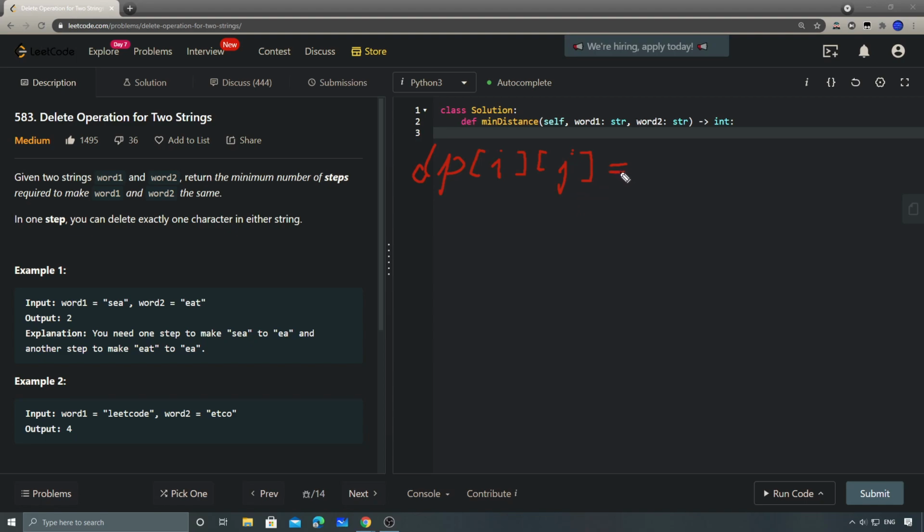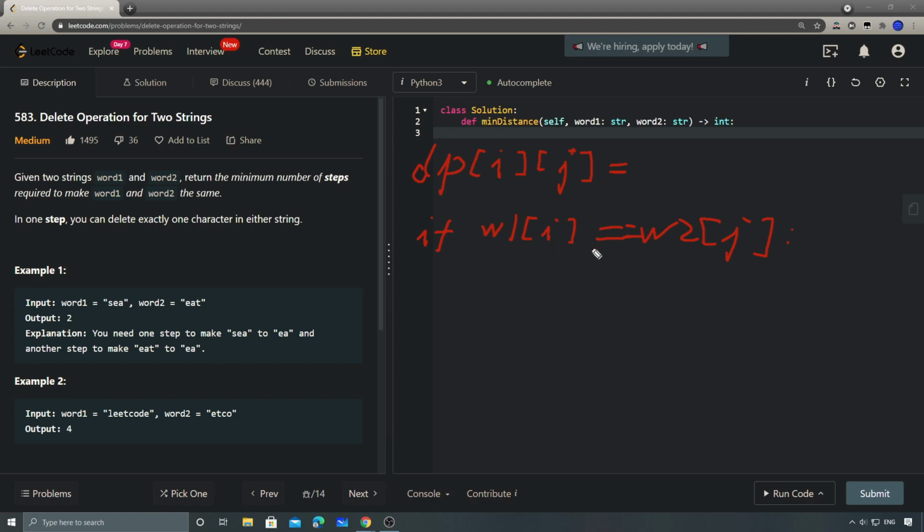Because as long as we can get this, there's a state transition function here. Basically, this one depends on the current letters: if the i-th letter in word one and the j-th letter in word two are the same or not. If word one i equals word two j, what does it mean?